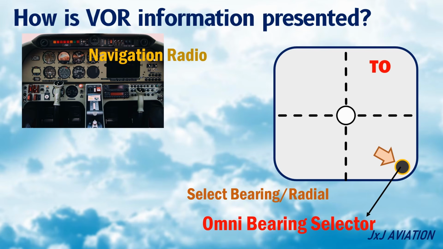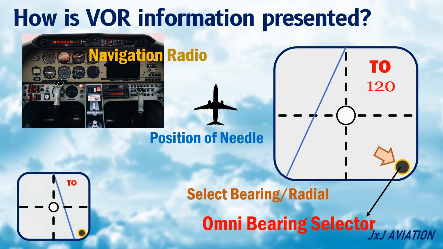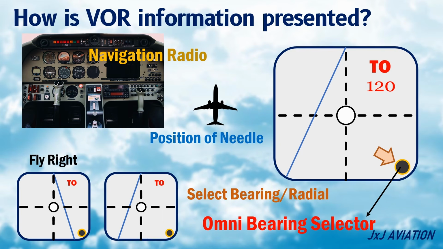The selected bearing will be shown on the instrument. Depending on the position of the needle, the aircraft may need to fly towards the right or towards the left. If the needle is towards the right, the aircraft has to fly towards the right. If the needle is towards the left, the aircraft has to fly towards the left to capture the selected bearing.